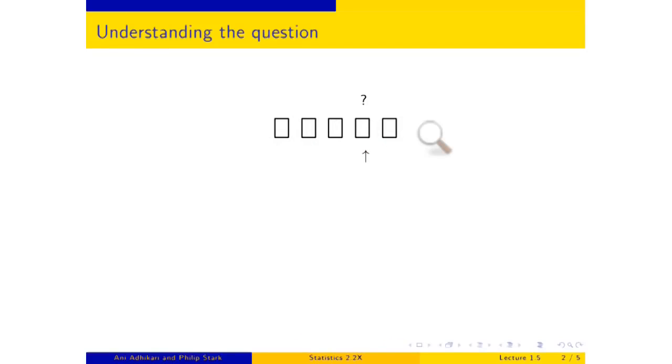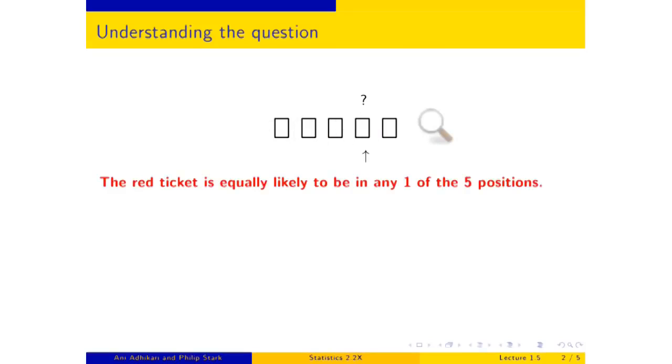Now, is any of those spots more likely than any other? No, if you've shuffled all the tickets, then all of those spots are equally likely, and that is an important observation, because that red ticket has the same chance of being in any one of 5, count them 5, positions.